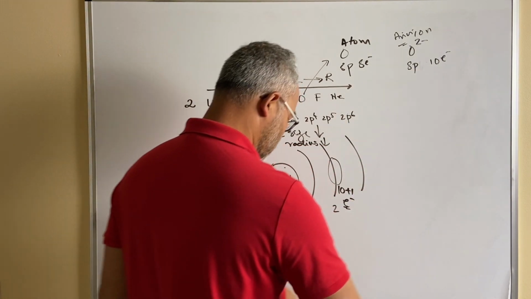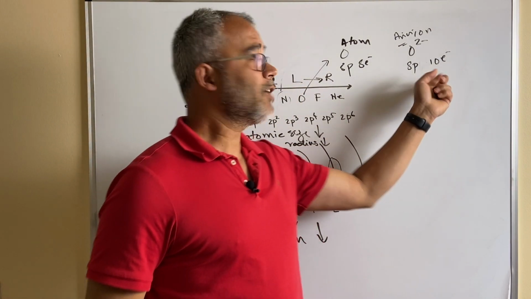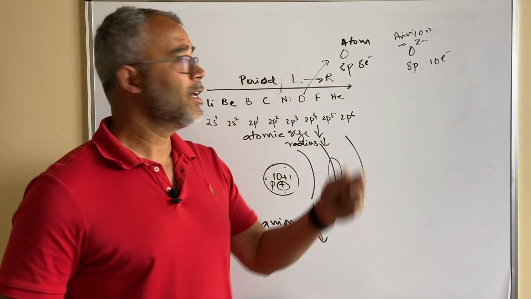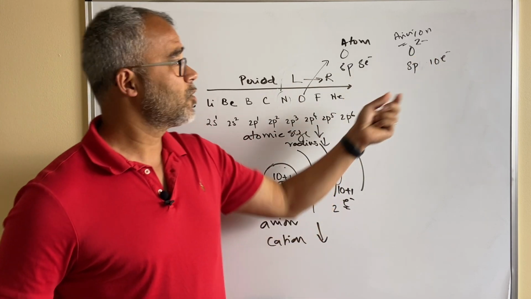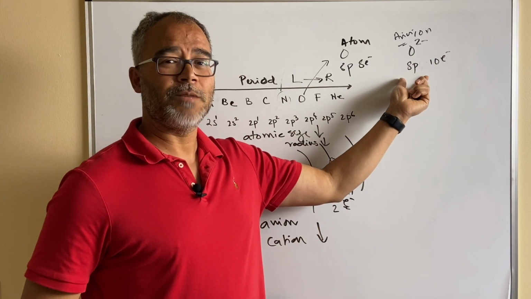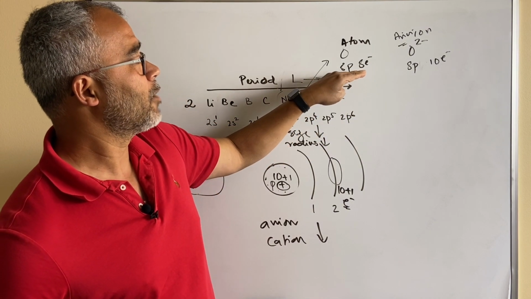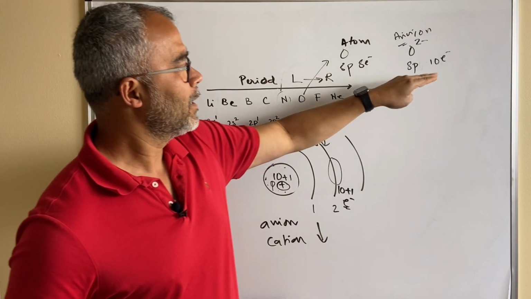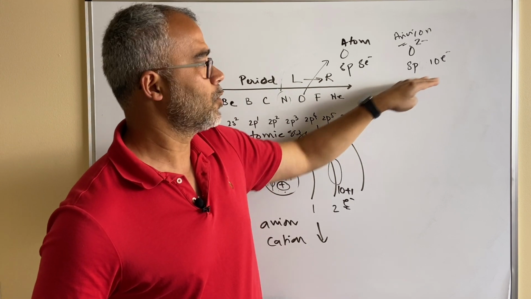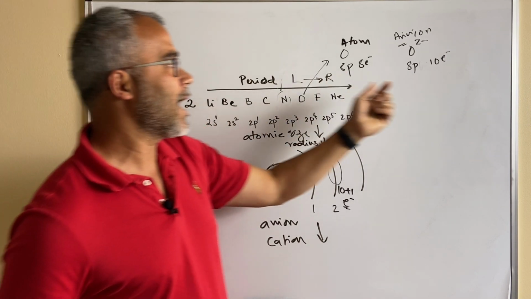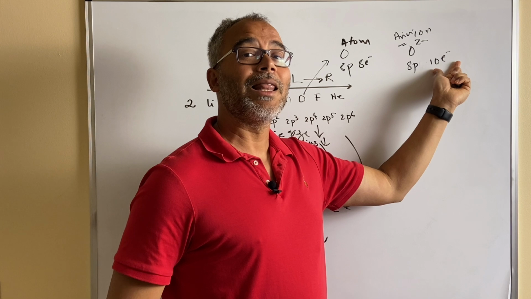So 8 protons attract 8 electrons, and then you have 2 additional electrons, and those 2 additional electrons don't feel an additional pull, because the net pull is decreased. The ratio of protons to electrons in the atom is 1 to 1, and in the anion it is less than 1 to 1. Because of that, you have a little less pull.